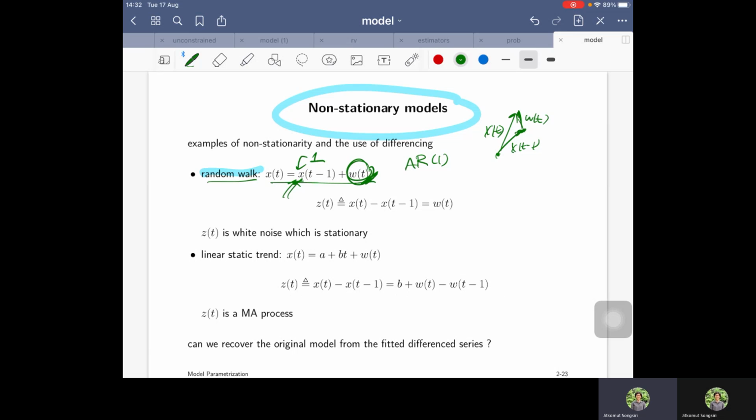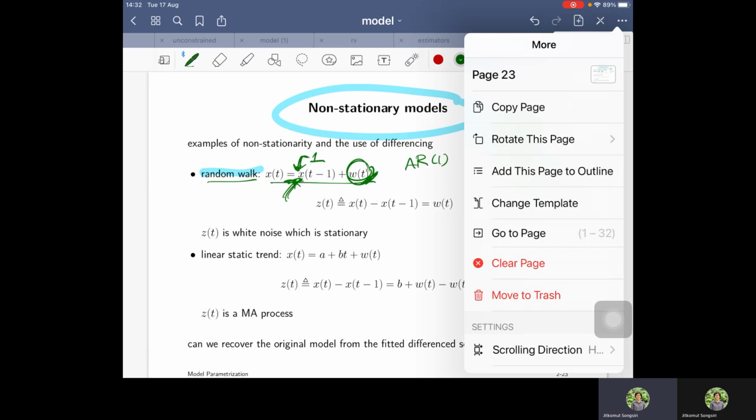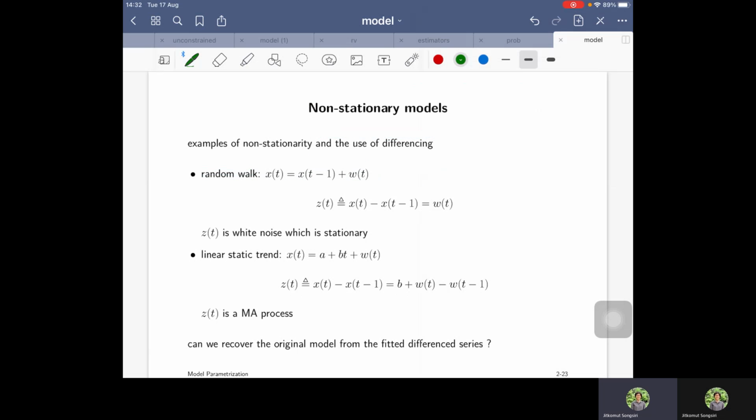That is called random walk. Then we conclude that random walk is not stationary because the AR coefficient here is 1, and 1, of course, doesn't lie inside the unit circle. So this is an unstable linear system, right?